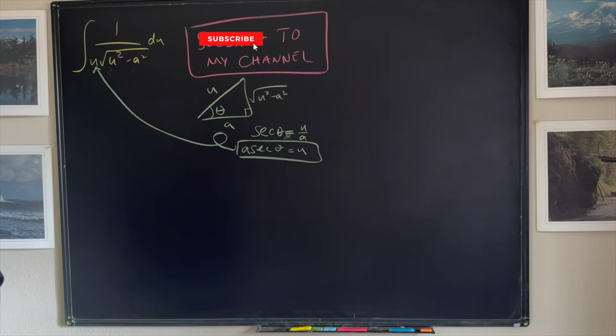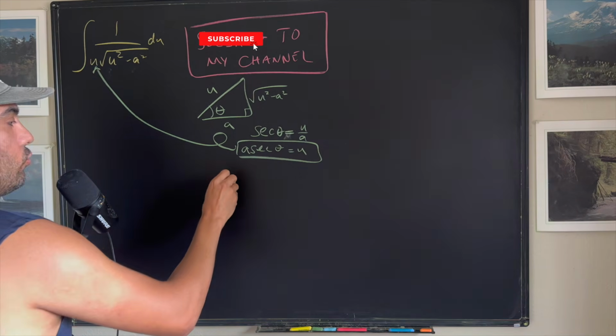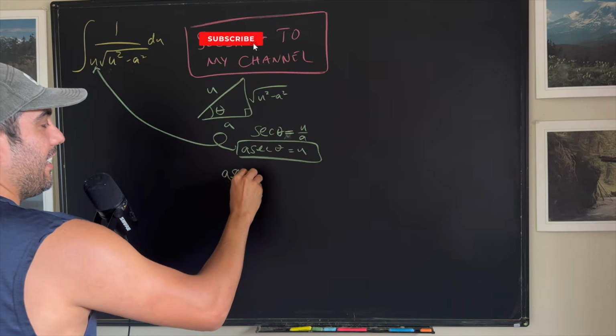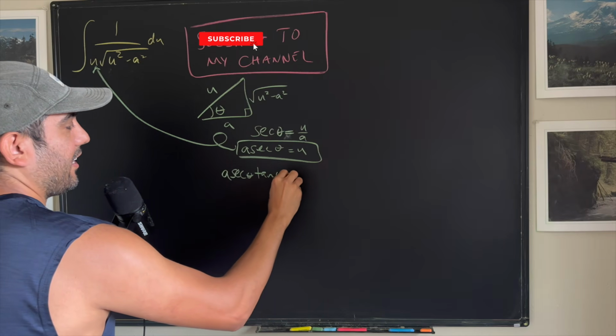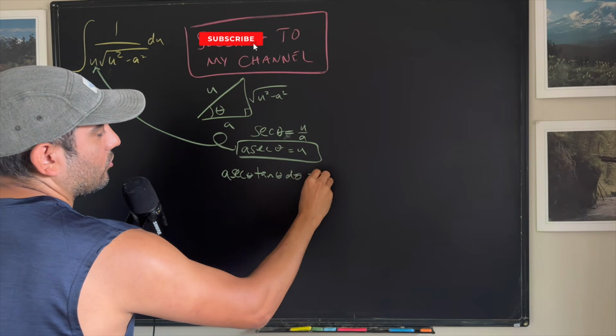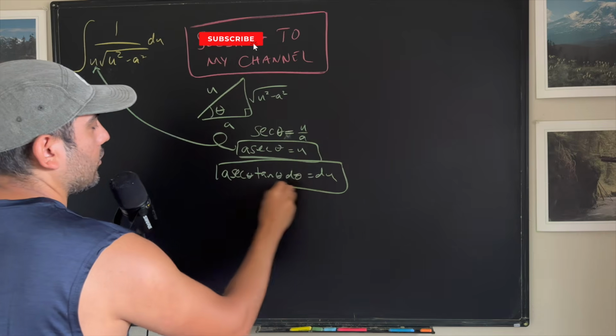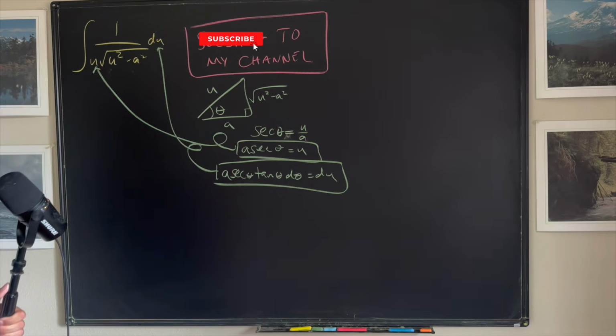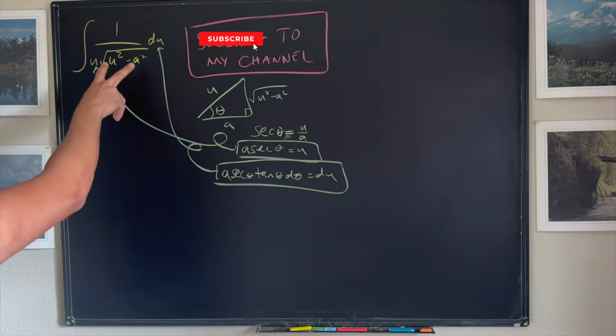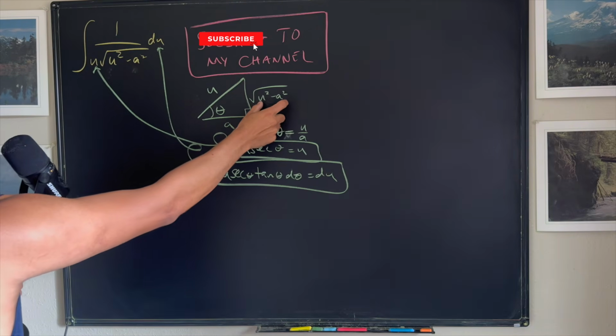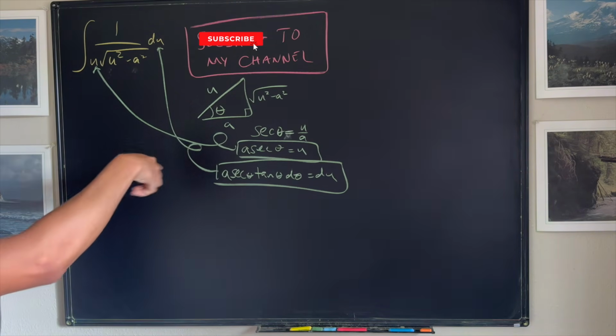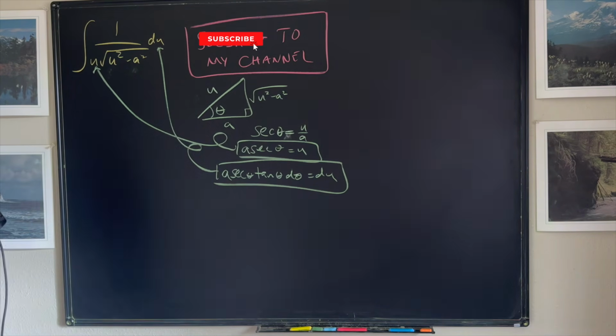Let's go ahead and find our differential. Well, we're going to take the derivative of this, giving us a secant theta tan theta d theta is equal to our du. This is perfect. Why? Because we need this for our differential up here. We're almost there. Now we just need a relationship for this square root value. Well, I have the opposite, so I'm going to use the side that doesn't have a variable, which in this case is the adjacent.